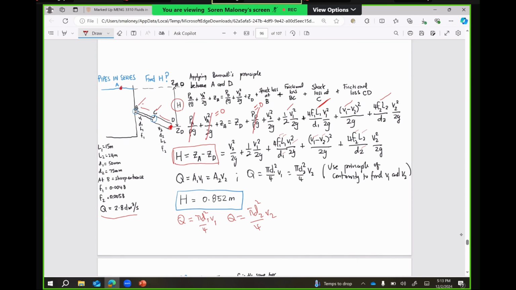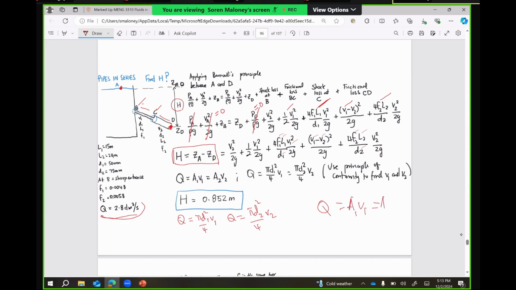So I'm calling it V1 and V2. And you can find those by using the continuity principle, because you have the flow rate. The flow rate was given to you, and you know that Q is equal to A1 V1.